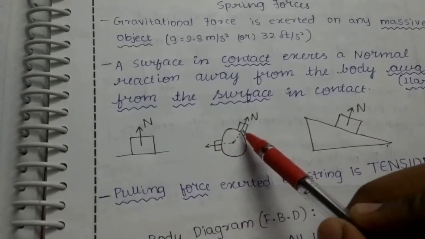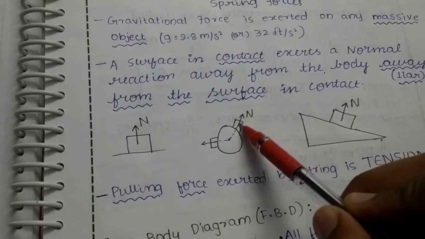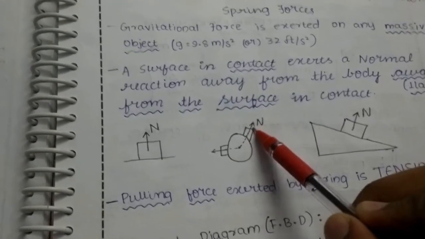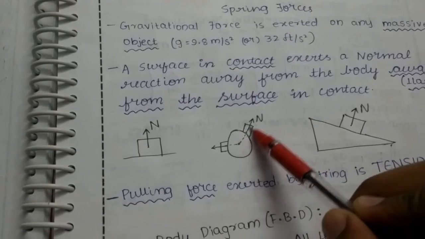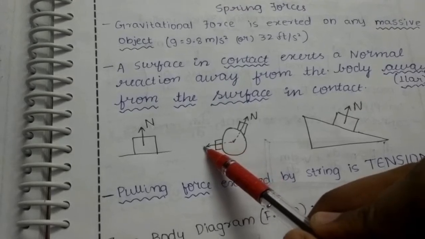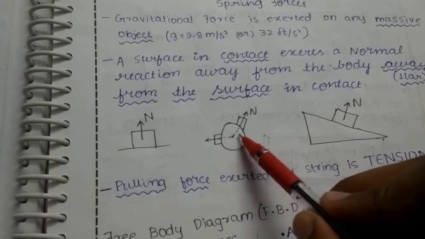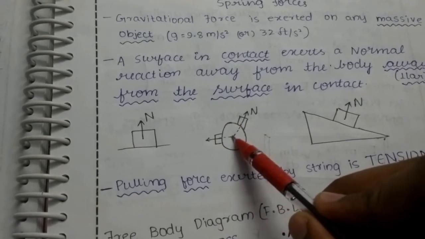This is a circle. Placing a body here, its normal reaction acts perpendicular to the surface of contact. If we place a body here, the normal reaction acts in this direction. One point to note here is that all the normal reactions join at the center of the circle.